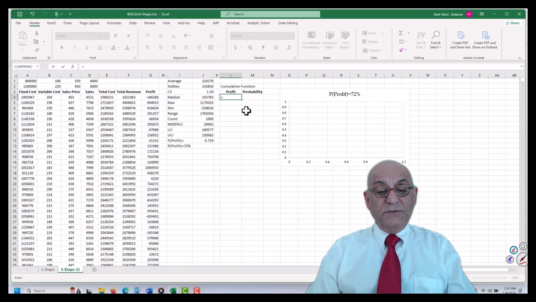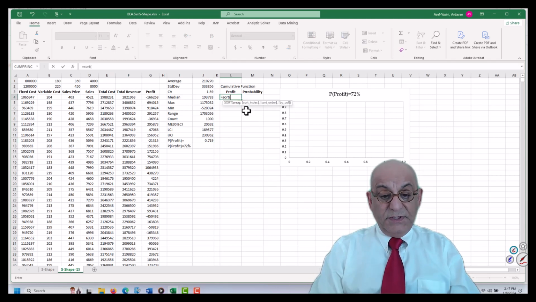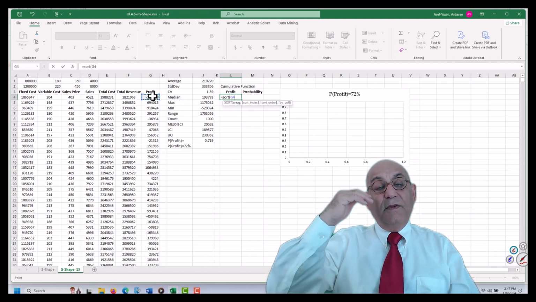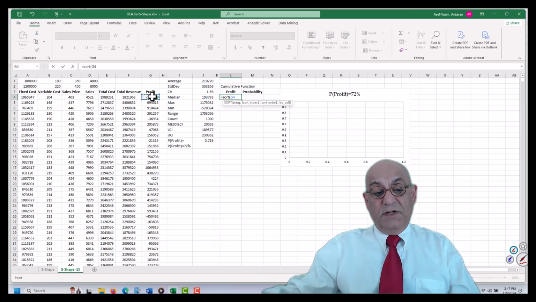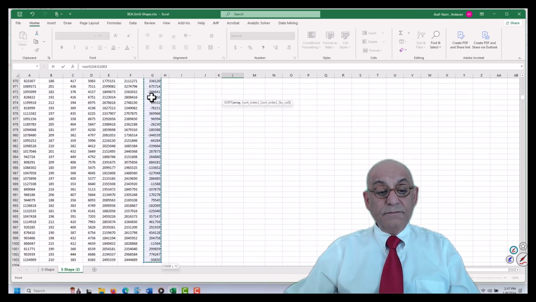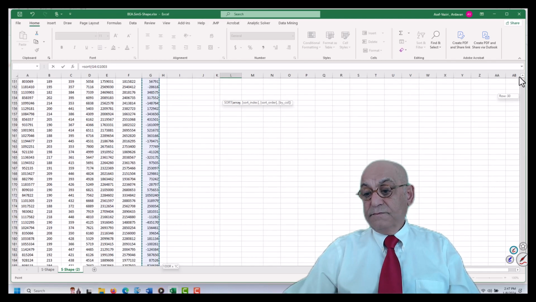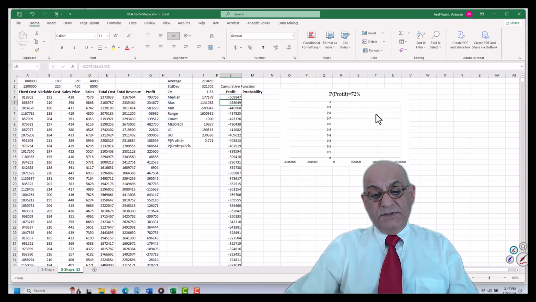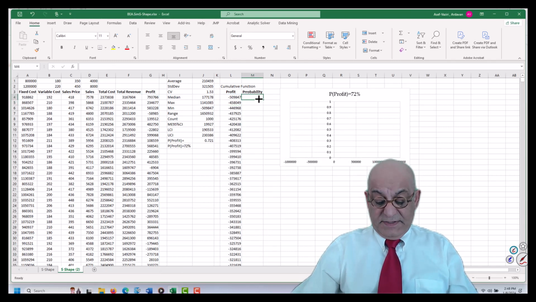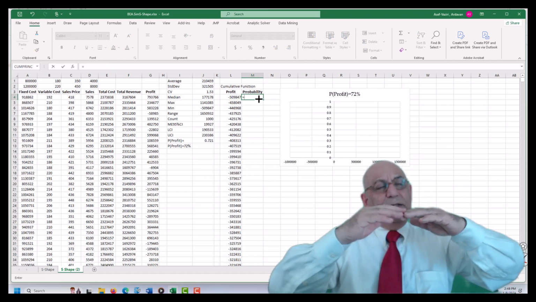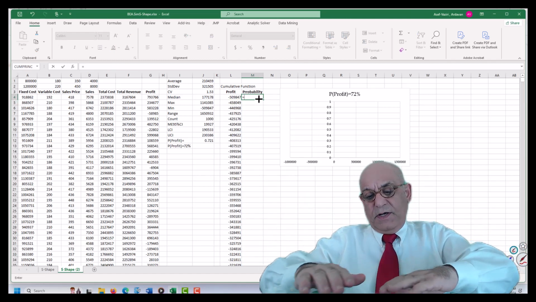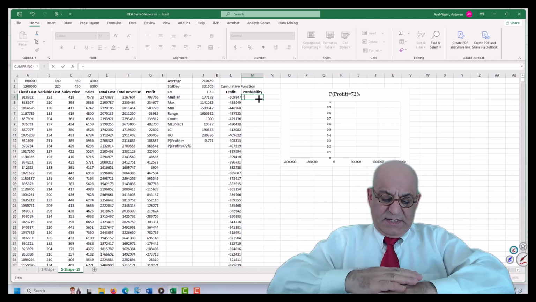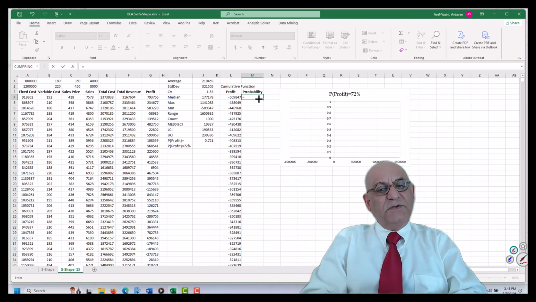Now equal to SORT. I sort these numbers from the smallest number to the largest number. So now it is sorted for me. Now I come here and say equal to, I want to draw a curve where on the horizontal axis I have profit or loss, and on the vertical axis I have probability.